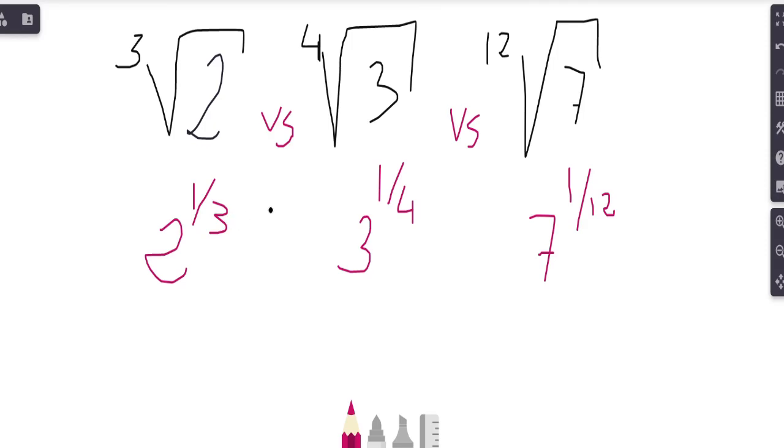So here we see that if you multiply 3 by 4, we have 12. So we can rewrite the powers here and say that 2 to the exponent 1/3 is 2 to the exponent 4 over 12. So it's 2 to the exponent 4 divided by 12.